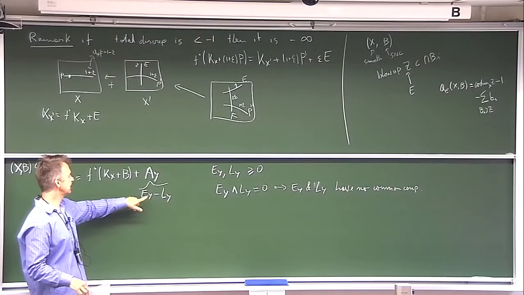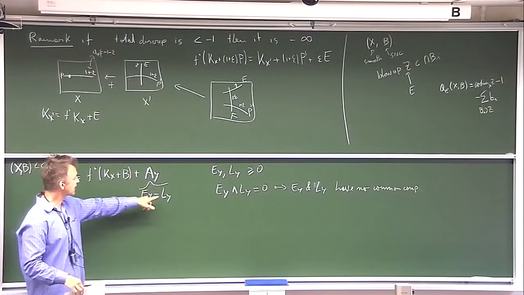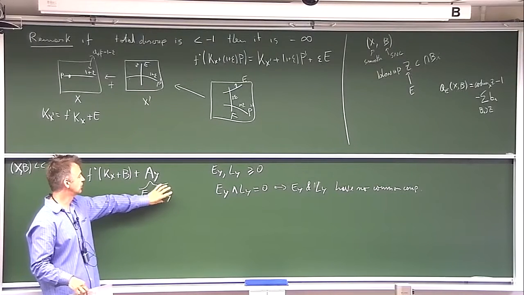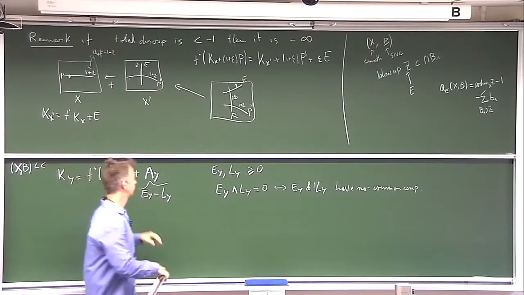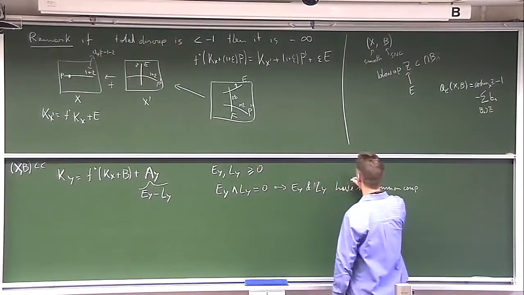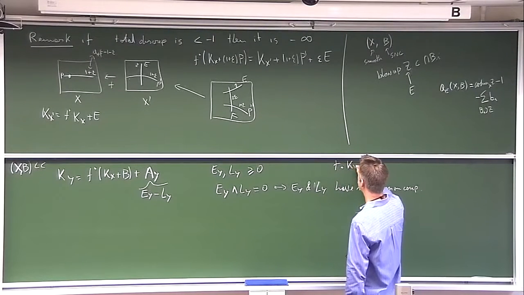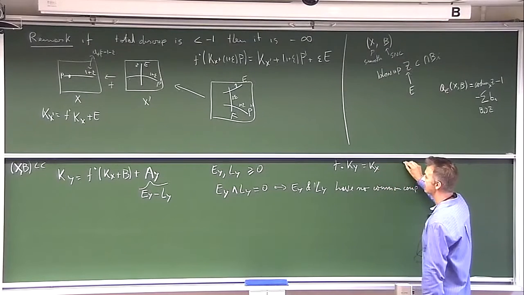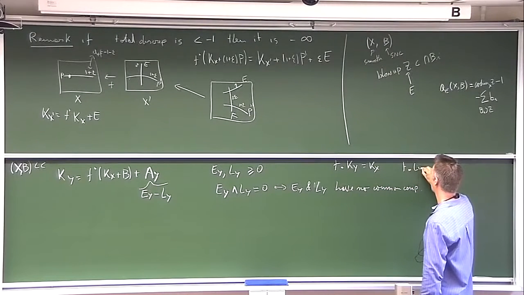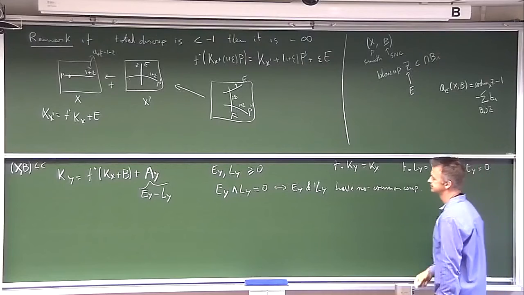And actually, it's pretty easy to see that the stuff with positive coefficient is always exceptional. And the stuff with negative coefficient may not be exceptional, precisely because the pushforward of LY will be equal to B. So we set up things so that we pick this canonical divisor such that the pushforward is equal to KX. And then the pushforward of my LY will be equal to B, and the pushforward of EY will be equal to 0.